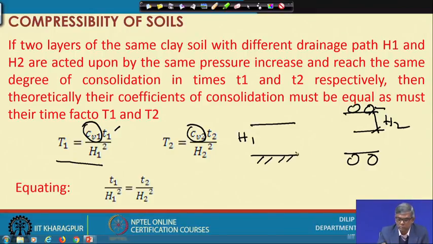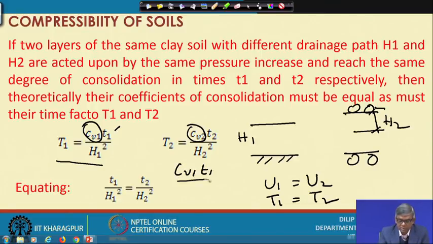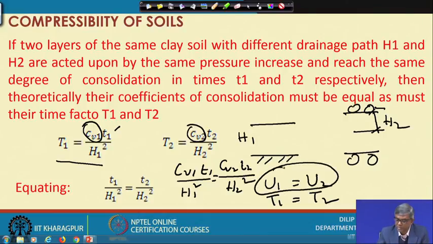Since for both cases we achieve the same degree of consolidation, that means U 1 equals U 2, then the time factor T 1 will be equal to T 2. So, if T 1 equals T 2, then you will have C V 1 t 1 divided by H 1 square equal to C V 2 t 2 divided by H 2 square.